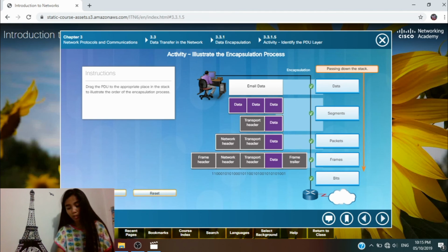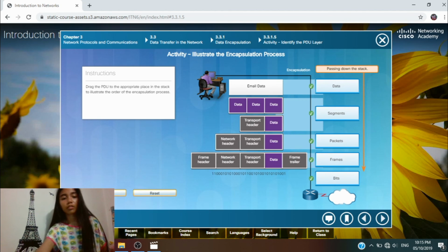Various protocol information is added at each level. That is also known as the encapsulation process. So that's all.